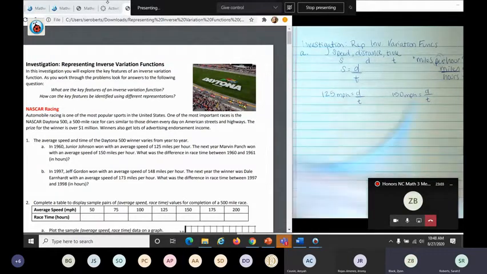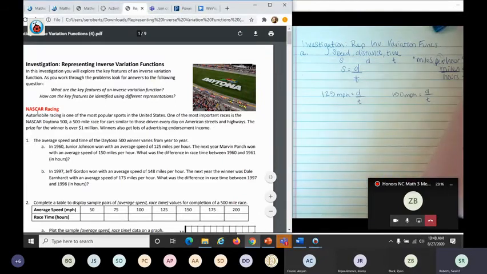So what is the distance that we travel for the Daytona 500? It tells us in the background information at the top of the page in this little paragraph right here. How far? Didn't it say, hold on, I got you.